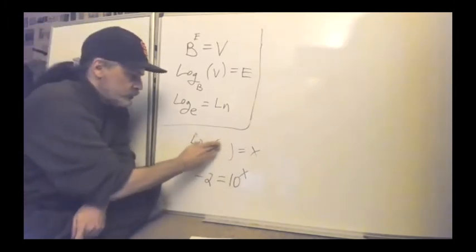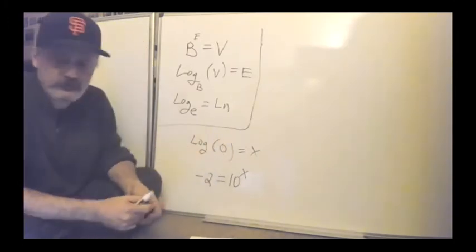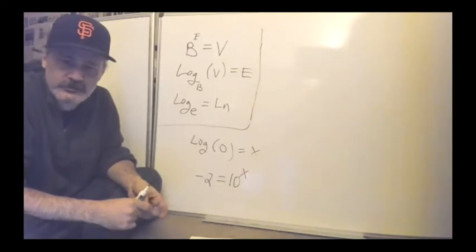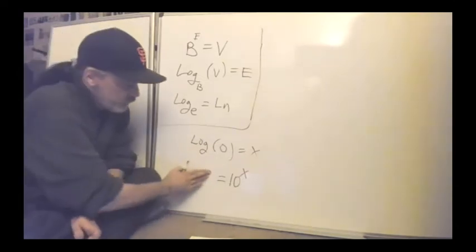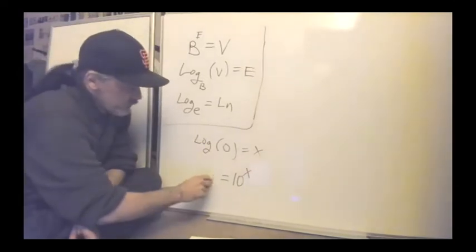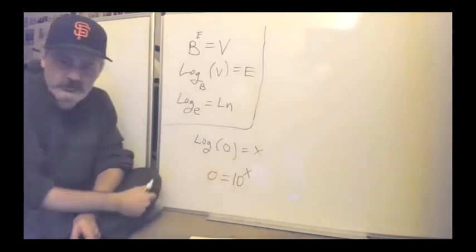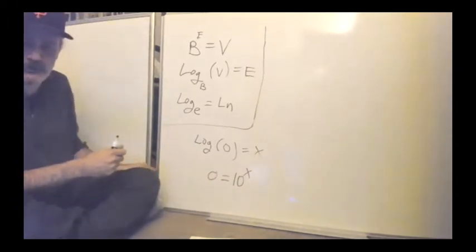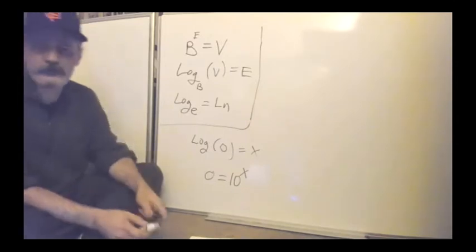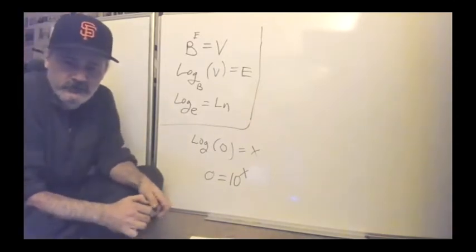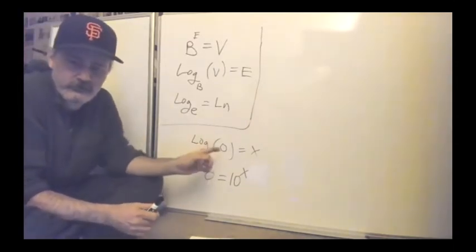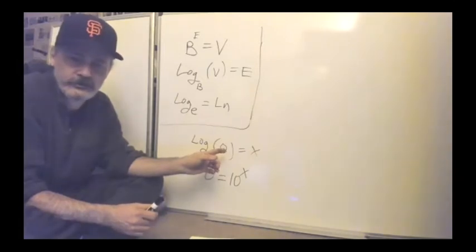Well, what about 0? What exponent would produce 0? Well, if that was possible, same thing. Then we could do that. But you can't get 0 by applying an exponent. All right, so logarithms are only applicable greater than 0.